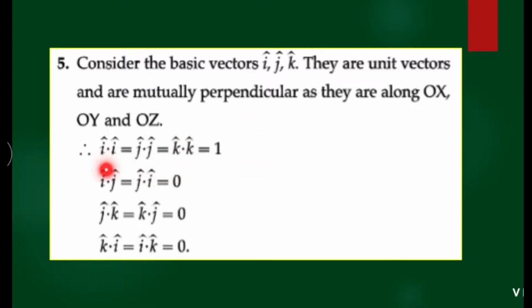So when we take the scalar product of like unit vectors, then their product must be equal to 1. So see here, i cap dot i cap equals j cap dot j cap equals k cap dot k cap is equal to 1.